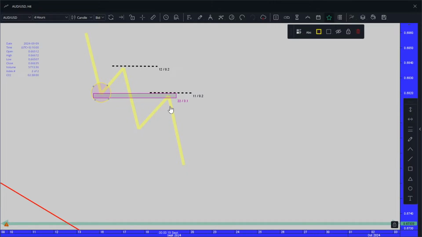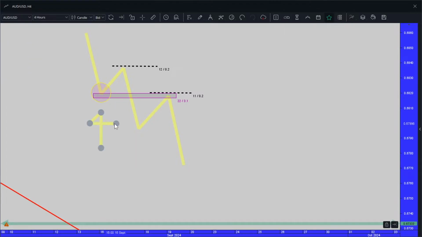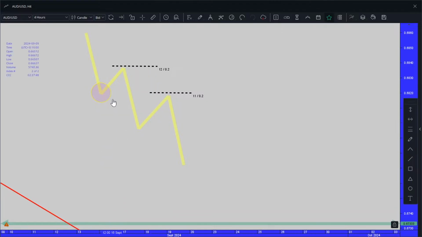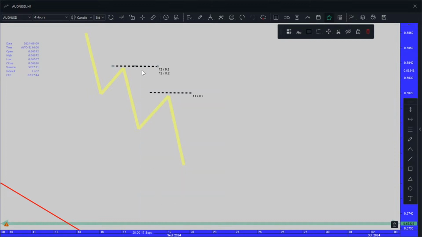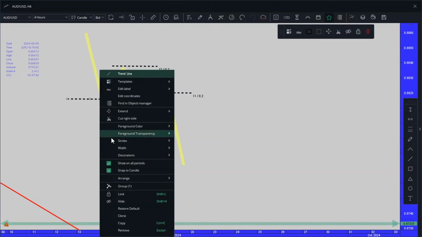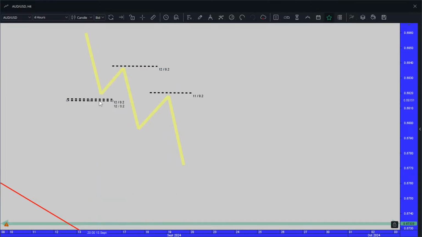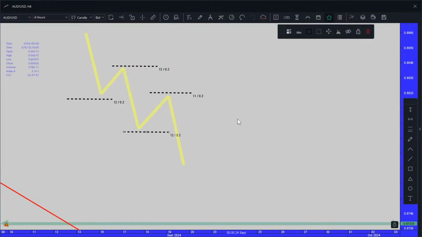That's a low. And this is the level of past. No, not the right one, the left one. This is past resistance. That's support. So if I clone, this would be a resistance, and if I clone, this would be a resistance. Okay, just for you to understand, everybody.